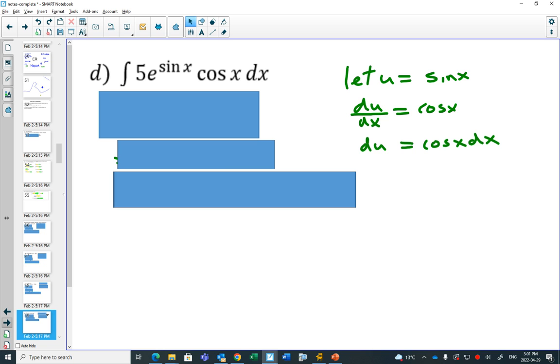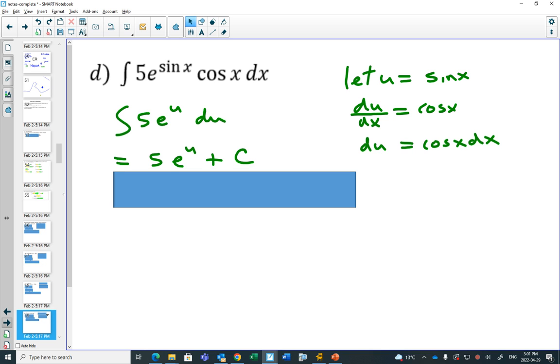And this changes our complicated looking integral, right? Can you do this one in your head? Sure, maybe, but you could probably do that a lot easier. You could put the 5 out in front. Or you could probably just imagine the 5 out in front. The integral of e^u is e^u.